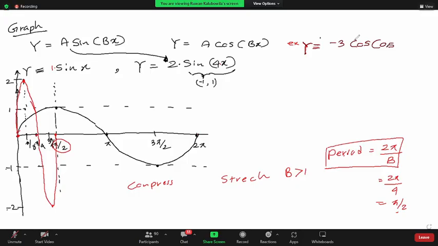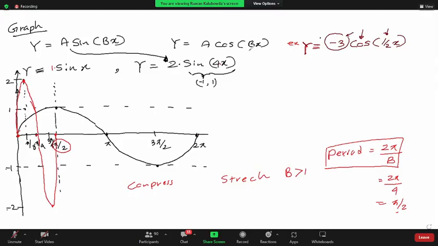So I will write it like this. Now you have to consider this one, this one, this is new.